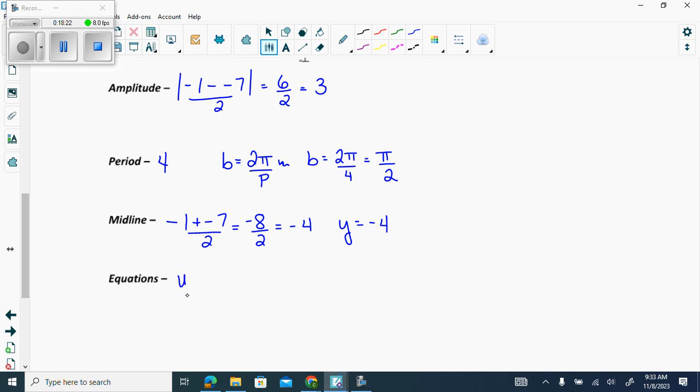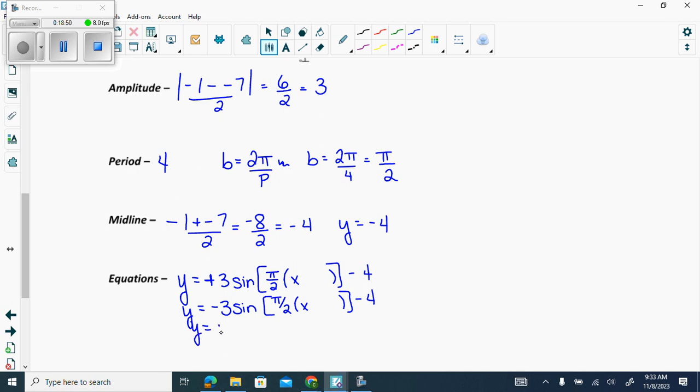So we get y equals positive 3 sine, B is pi over 2, x minus 4. Y equals -3 sine pi over 2 x minus 4.